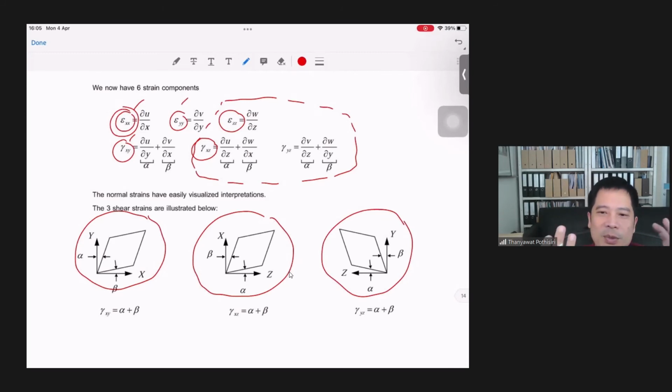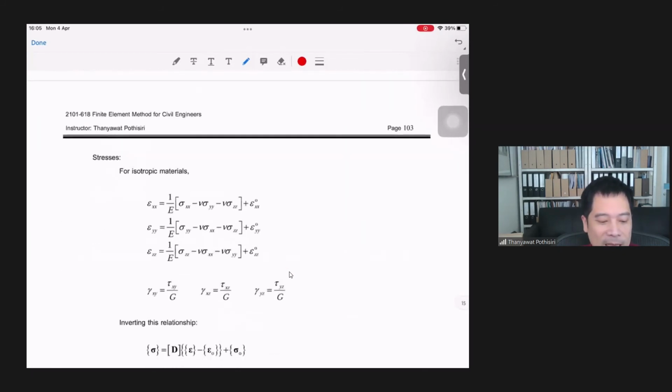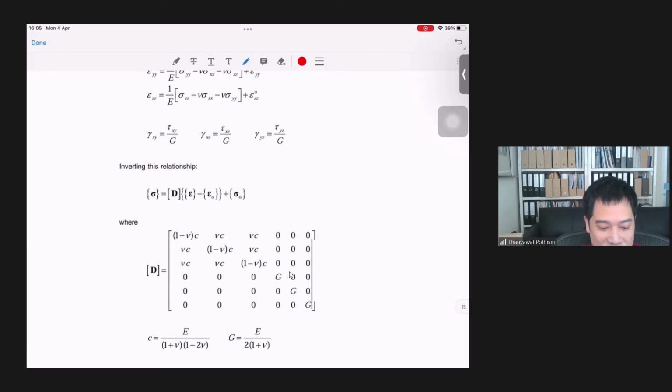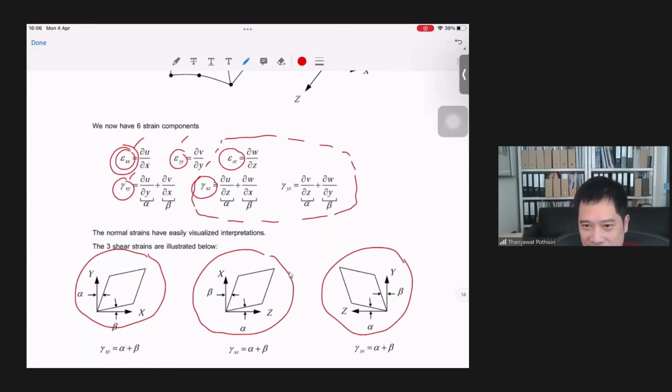Okay. So you would now have 3 different planes to look at all these different things going on in 3 dimensions. So all the relationships that you have seen in XY plane can be used in XZ plane and YZ plane as well. But if you write everything together, you would have 6 independent strain components and 6 independent stress components for 3-dimensional analysis.